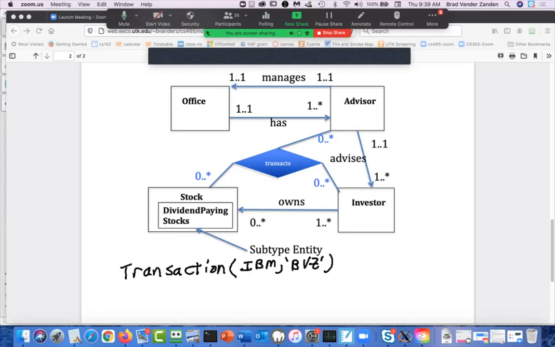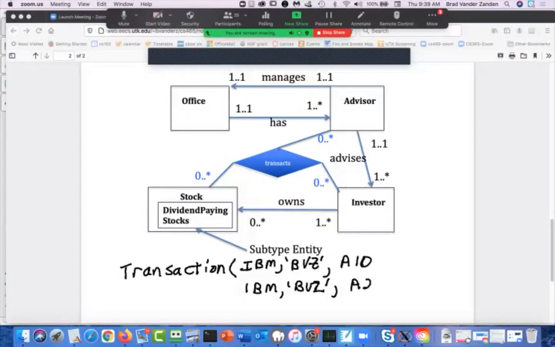And what we need to know is actually, can there be multiple instances in this relationship. Could we, for example, have advisor A10, and could there at some time be another purchase of IBM by me and some other advisor like A20?